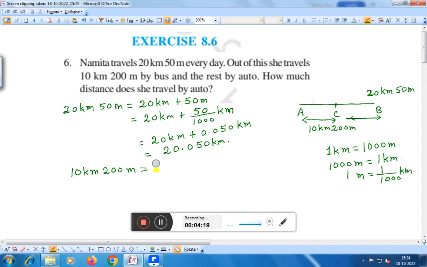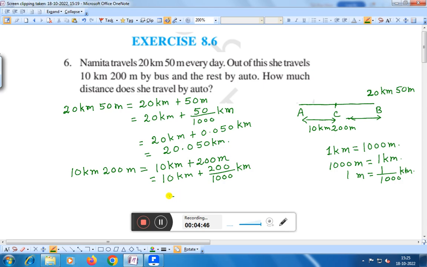Here also we change the unit, that is 10 kilometer plus 200 meter. That means it is equal to 10 kilometer plus 200 by 1000 kilometer, right?